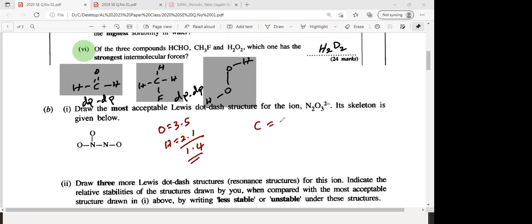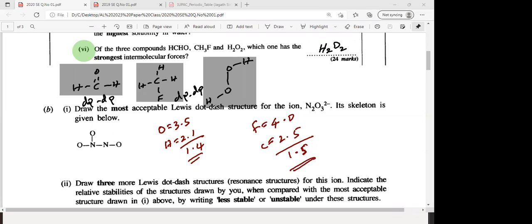Carbon 2.5. For fluorine, 4.0, carbon 2.5. So then you will get 1.5, no? Sometimes you might argue, sir, the CF bond is more polar than the OH bond here.